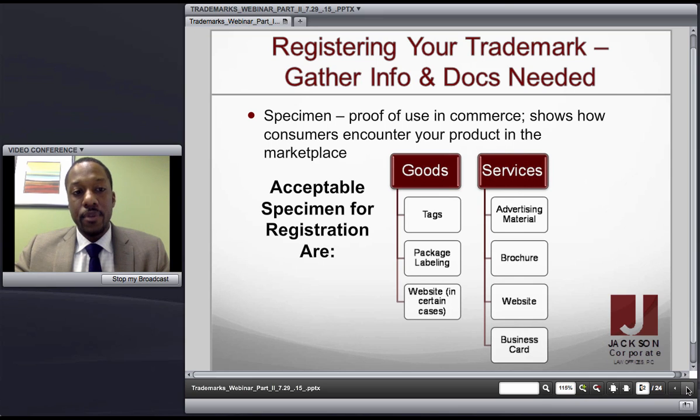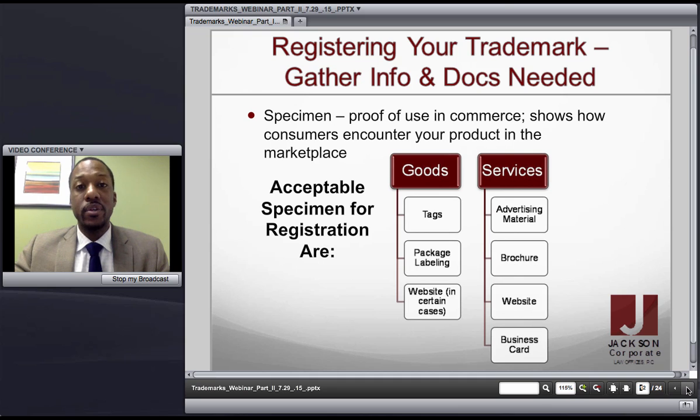Now, there are some cases where you'll submit one of these with your trademark application, and the USPTO will come back and say that they need a different specimen, for whatever reason they feel the specimen is not adequate for purposes of identifying the source of goods. Now, one issue that a lot of people run into is when they create t-shirts, they try to submit a specimen where they have a design that is very large across the front of the shirt.